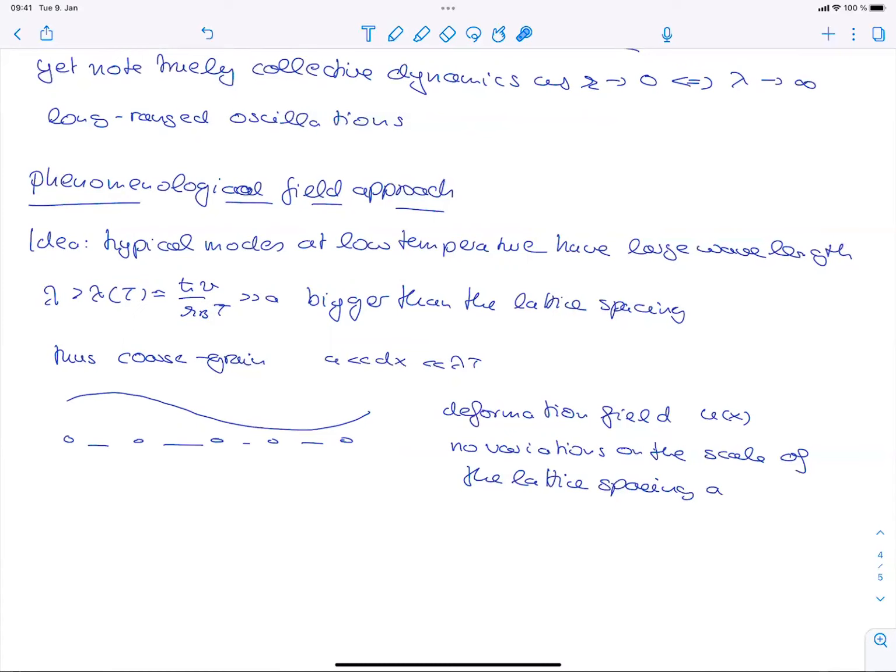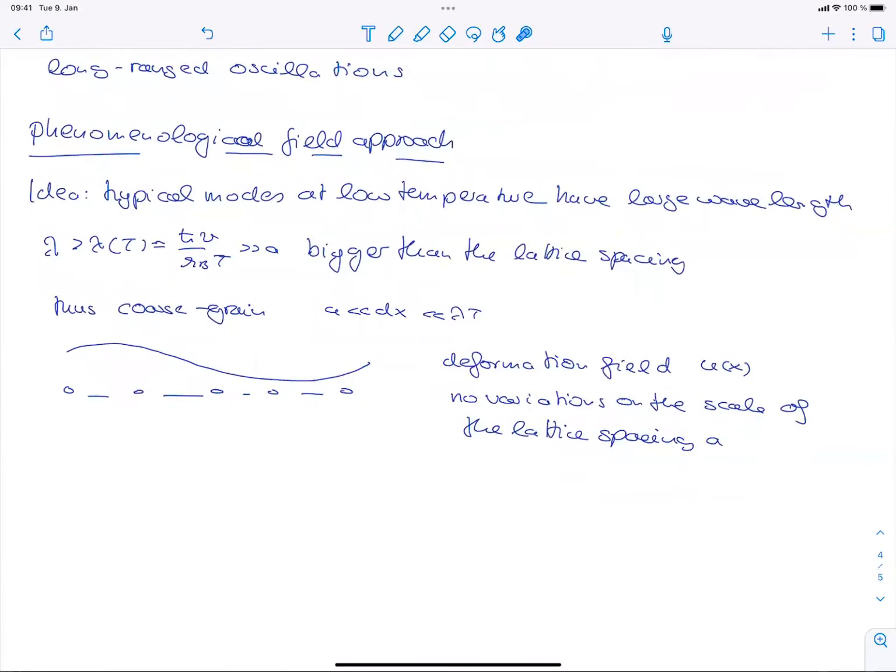Okay, and now the cool thing about describing these deformations as a deformation field also means that it's much easier, because now we can also define a velocity field that would be denoted with u dot of x, which is the time derivative of u of x and t.